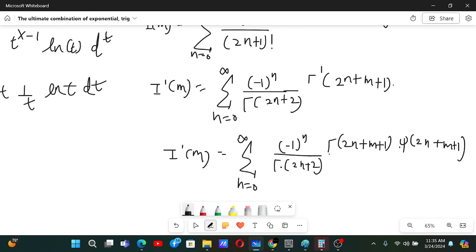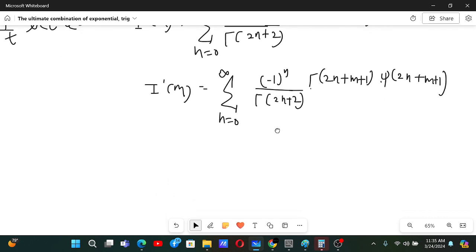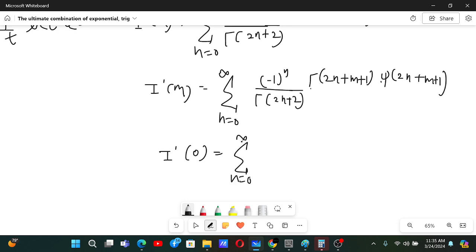Now if we substitute m as 0, what do we get? I dash of 0, because that's what we want. Sum from n equals 0 to infinity, minus 1 to the power n, this is gamma 2n plus 2, and then this is gamma 2n plus 1. So we have 2n plus 1 remaining over here if we cancel them out, and this is digamma of 2n plus 1. Okay, so we got this infinite sum, and that is our answer.